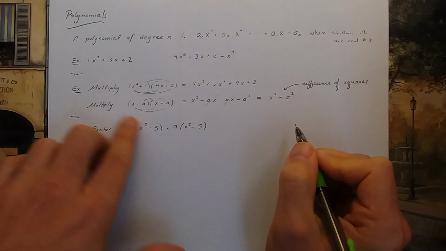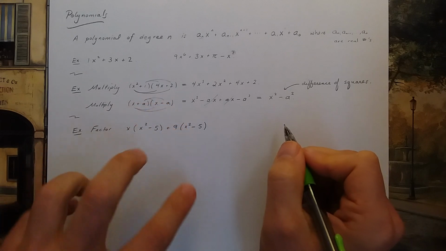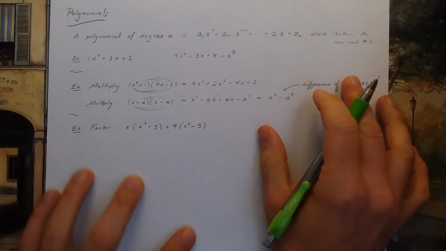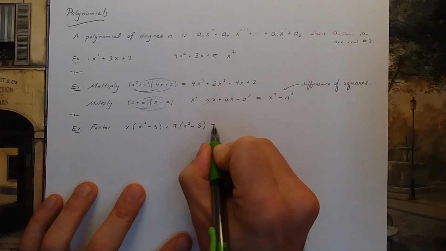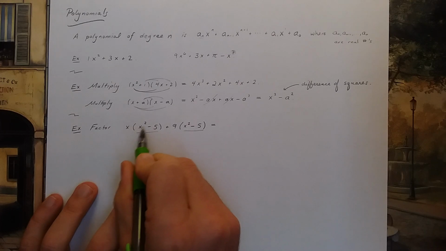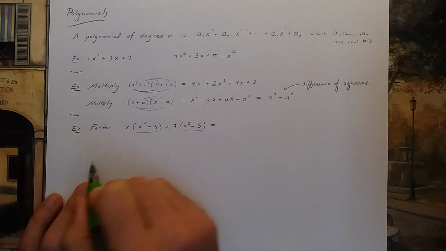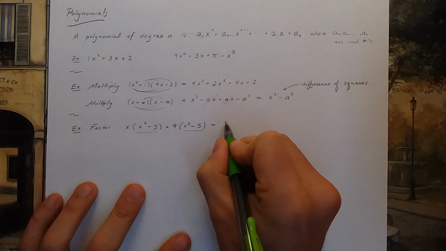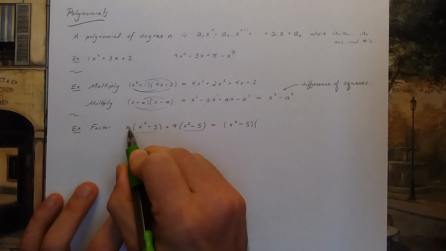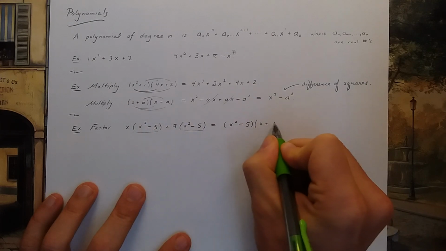So factoring means to undo this multiplication process, take an expanded form or partially expanded polynomial and write it as a product. So I notice that in this example, x squared minus 5 is in both terms. So I'll factor that out. I'll have an x squared minus 5 in front, and then what's left is an x plus 9.